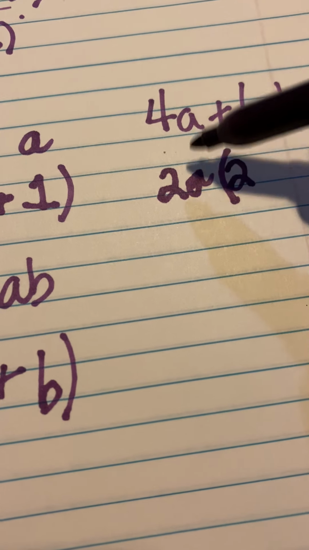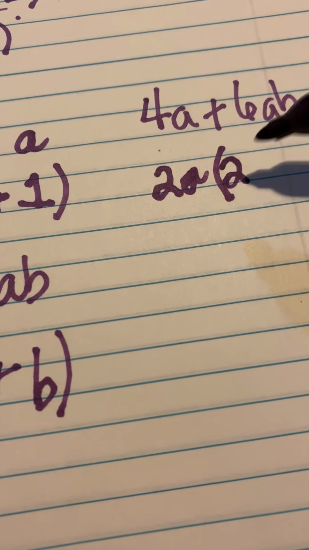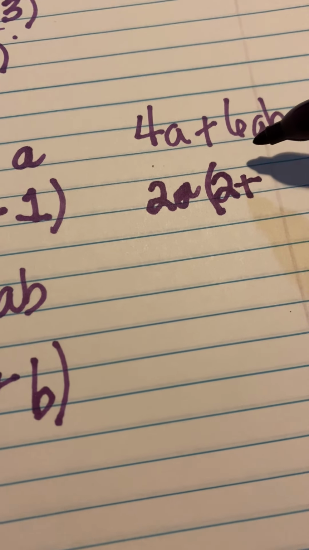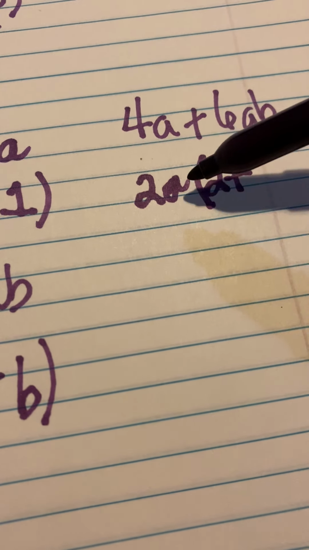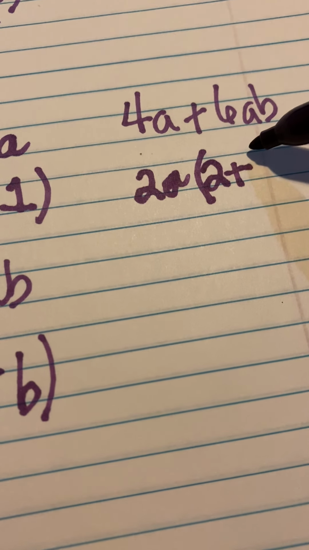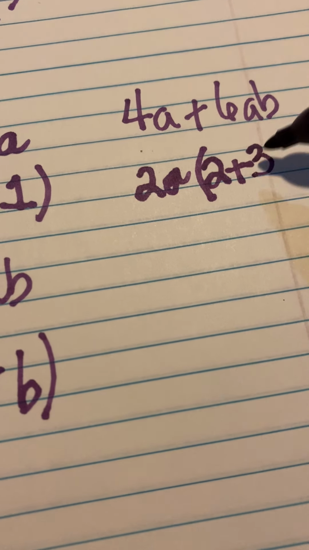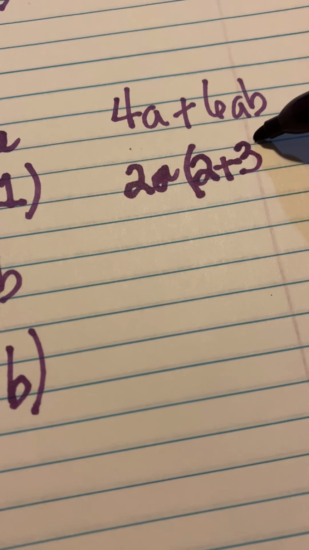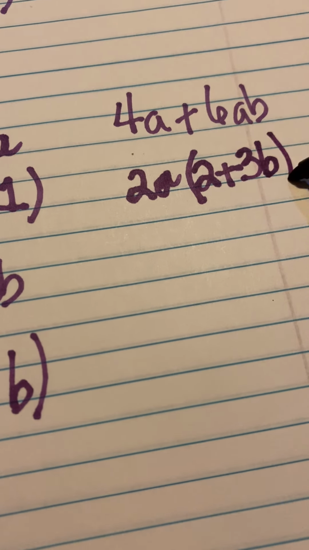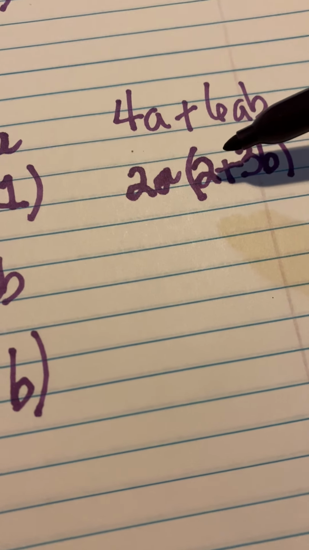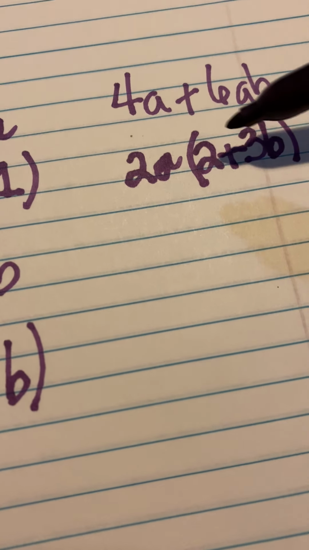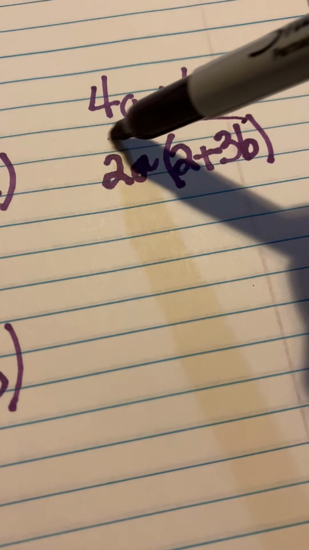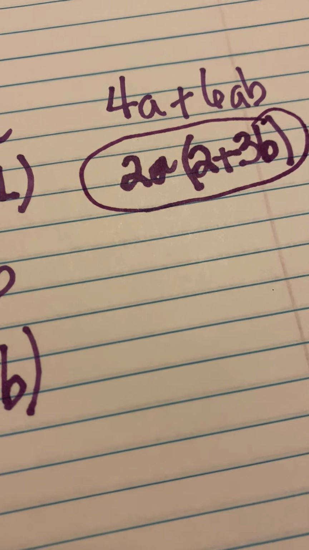And I already took out the A, which just leaves a 1, and 2 times 1 is just 2, so I don't need it. And then how many groups of 2 can be taken out of 6? Why, of course, 3. I don't need my A, I've already taken it out. And so what's left is B. Now I can't combine 2 and 3B. I can't do anything with it, so it just has to stay like that. So this ends up being our final answer. Hope that helps, guys.